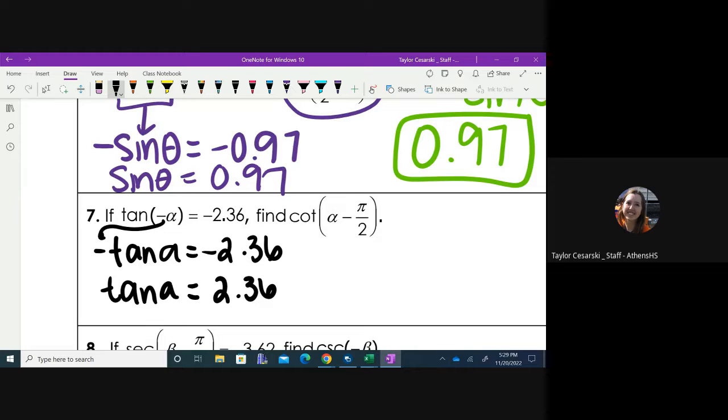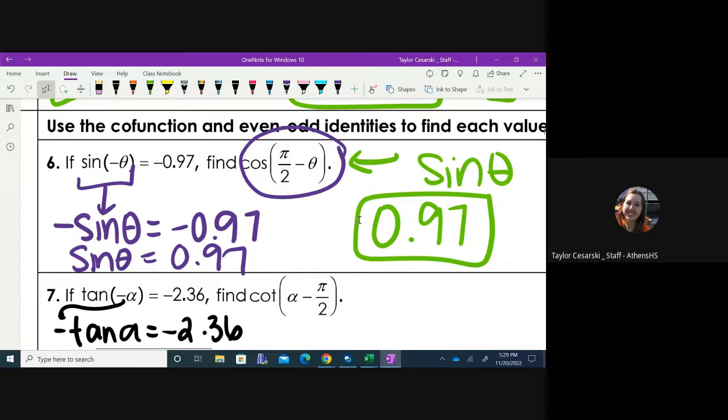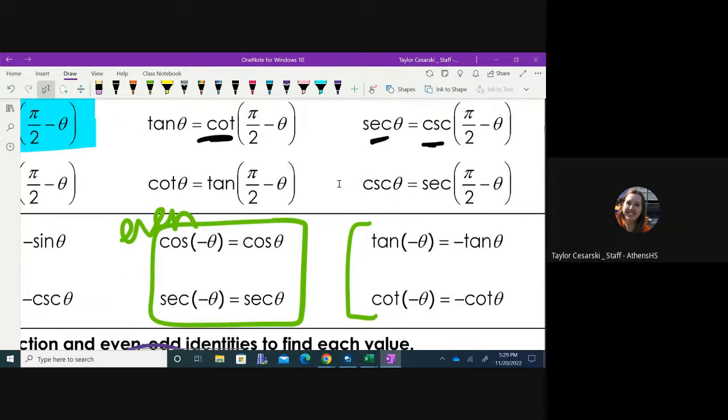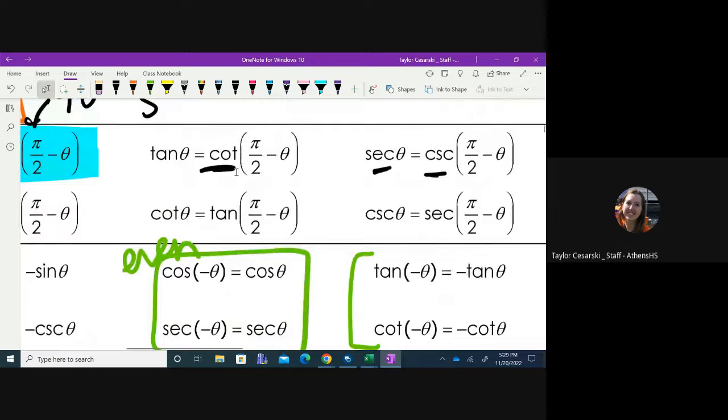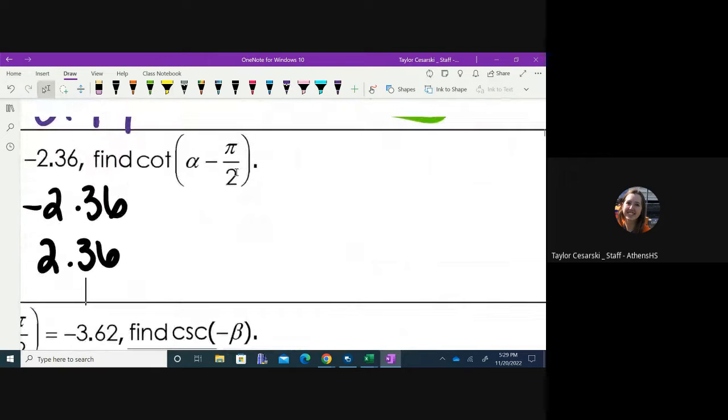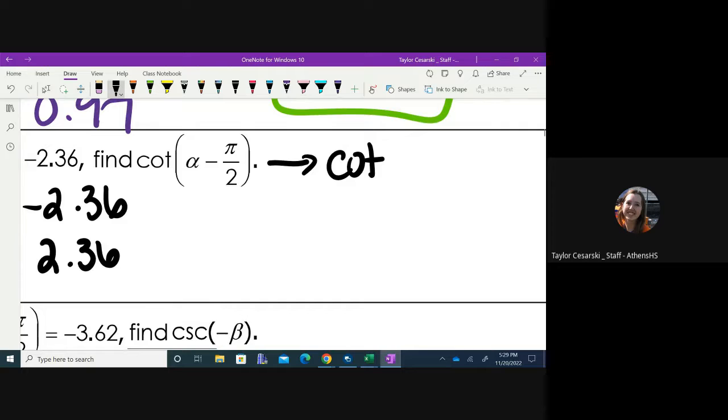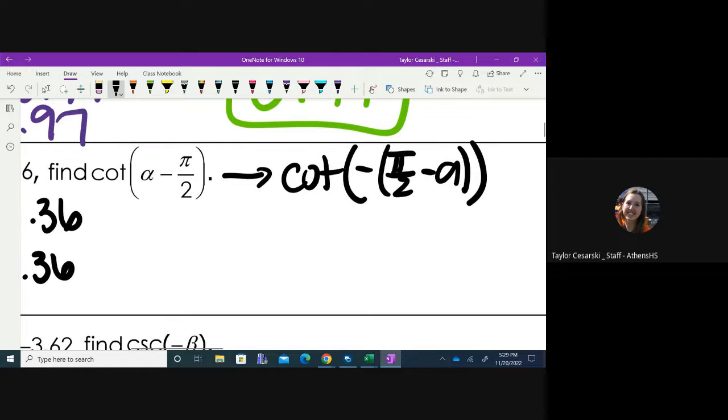Okay? It wants me to find cotangent of A minus pi over 2. Now notice this doesn't look exactly the same right here because the pi over 2 is in the front. But I can get it to look like that by factoring out a negative. Like this. So now think about if you were to distribute this, the A would be positive, the pi over 2 would be negative.